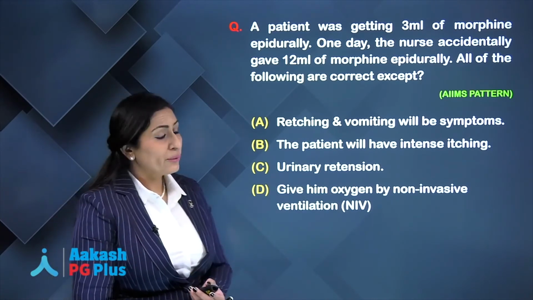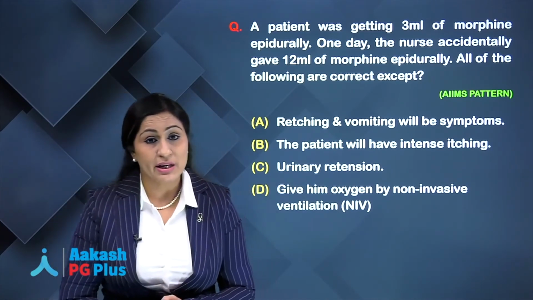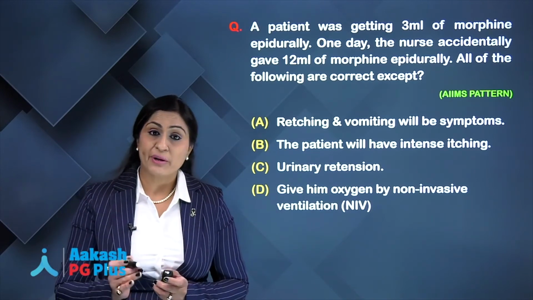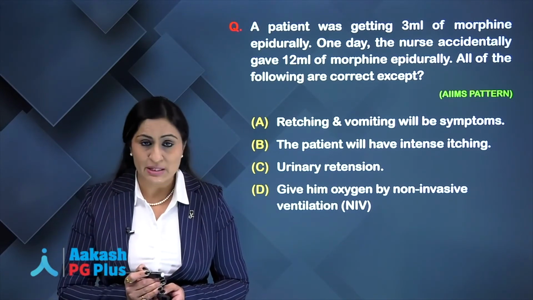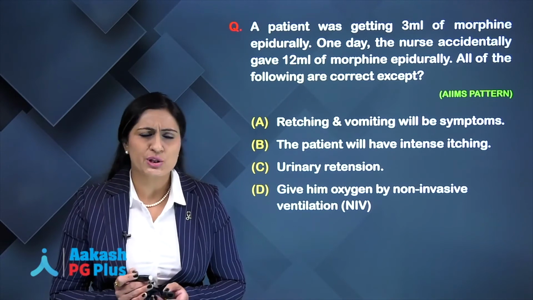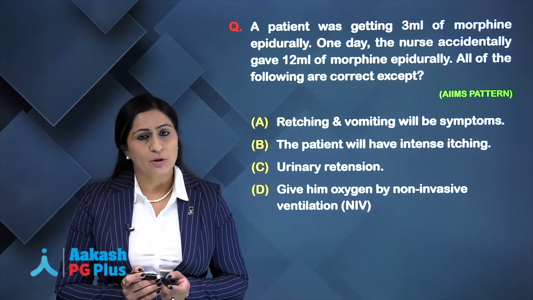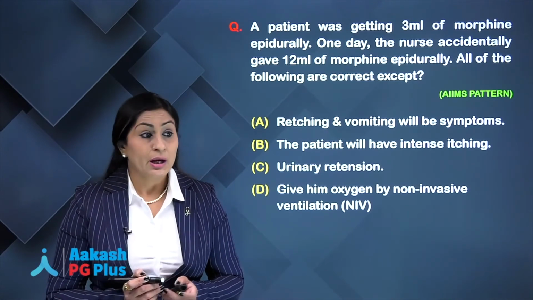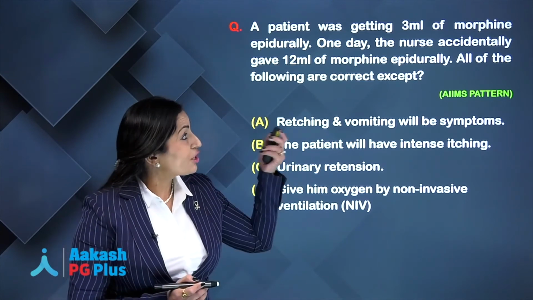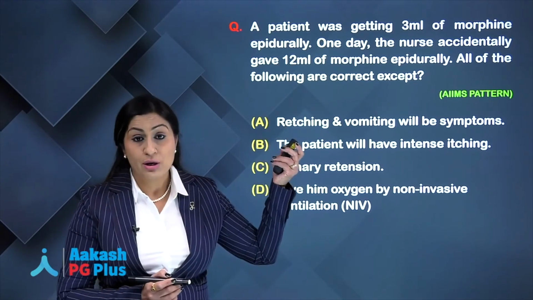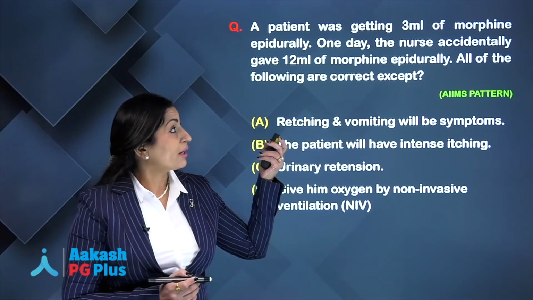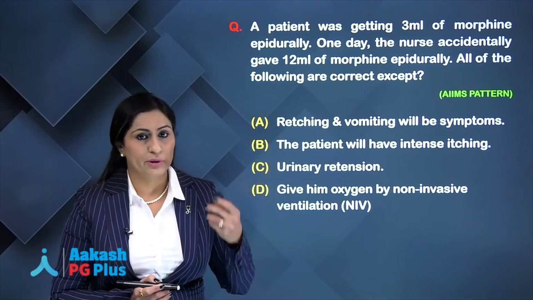So, in the question, the examiner is saying the patient was getting morphine 3 milligrams by an epidural catheter, which is the usual dose of morphine epidurally. But accidentally she gave a large dose, which is 12 milligrams of morphine epidurally.